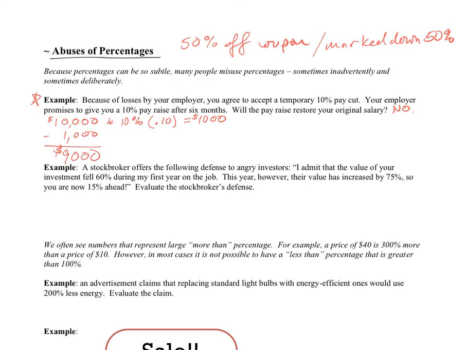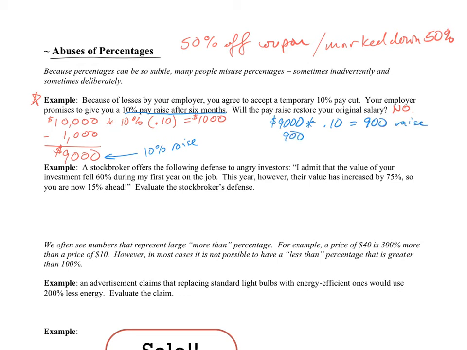Then you will get a 10% pay raise later on. But the pay raise is based on this number here. So when you get a 10% raise, you will get 10% of $9,000, which I will write as 0.10 as a decimal, which is a $900 raise.